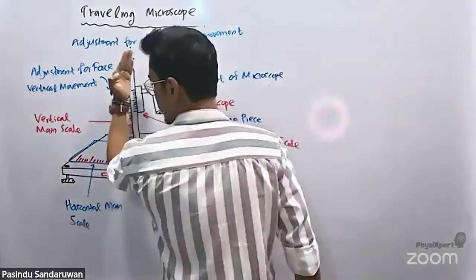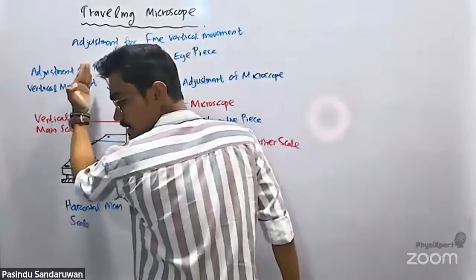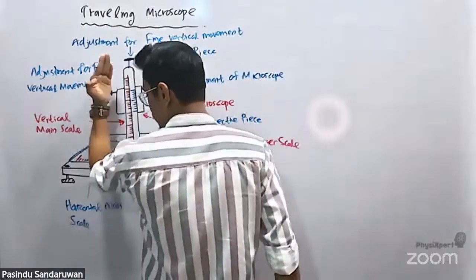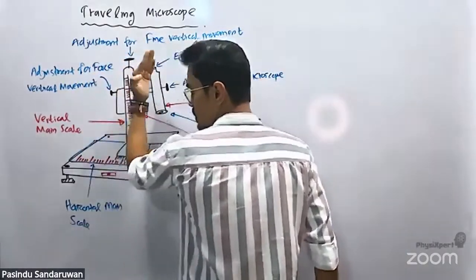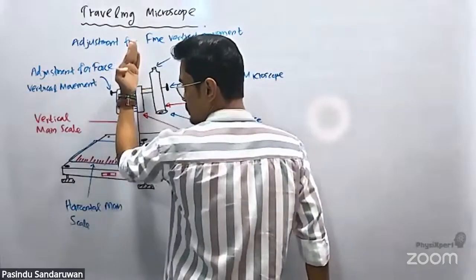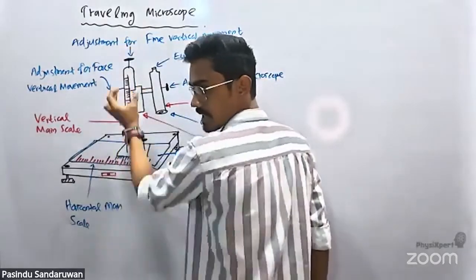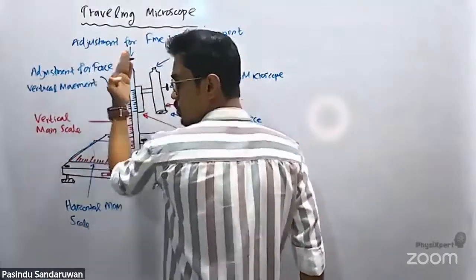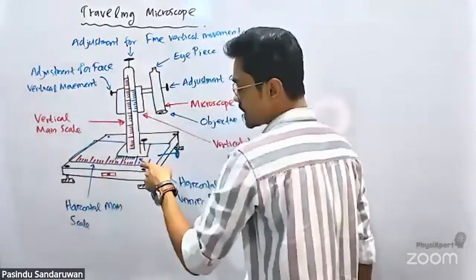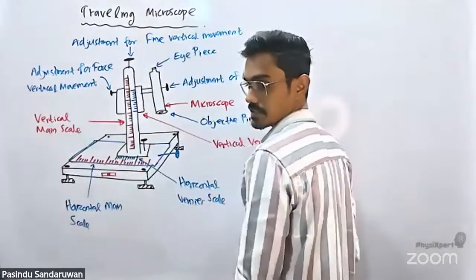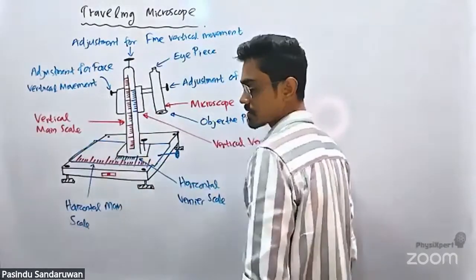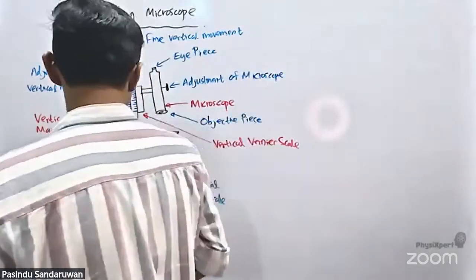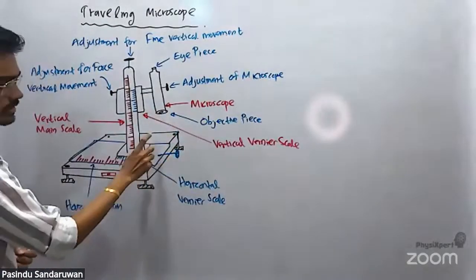This pillar can be moved. When there is a move, this scale works. So for those movements, these two adjustments are there.